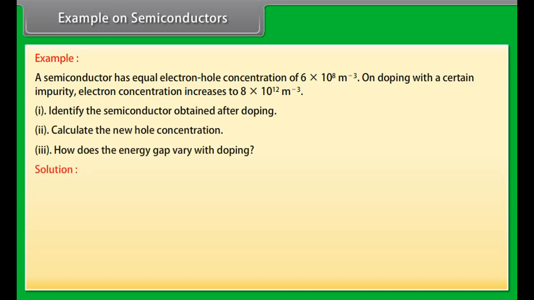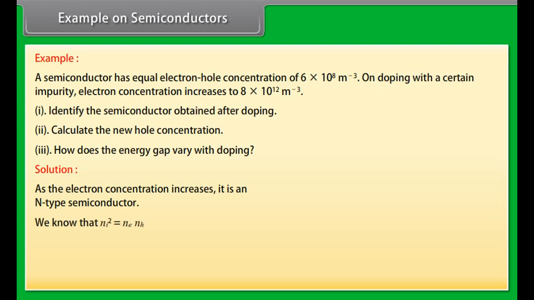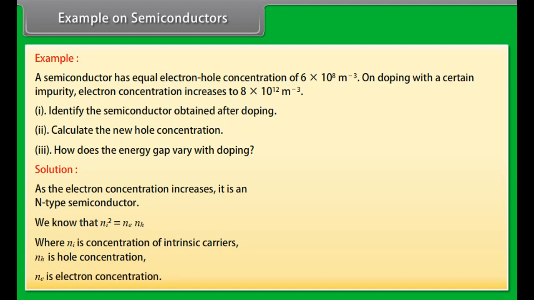Let's see the solution. As the electron concentration increases, it is an N-type semiconductor. We know that Ni square is equal to the product of Ne and NH, where Ni is the concentration of intrinsic carriers, NH is hole concentration and Ne is electron concentration.